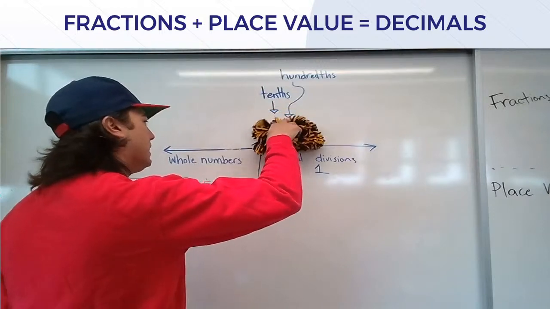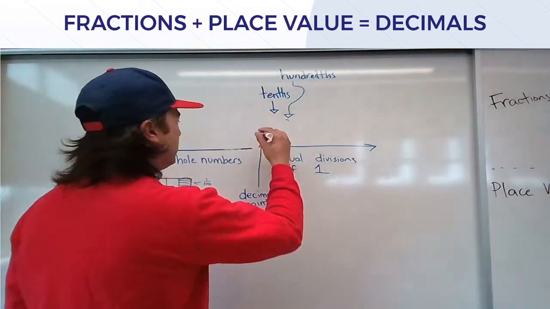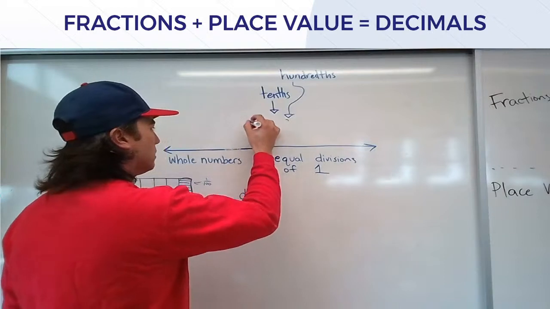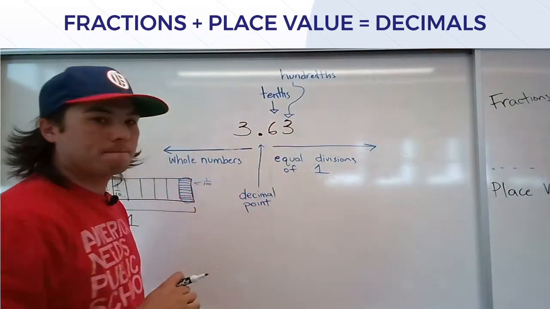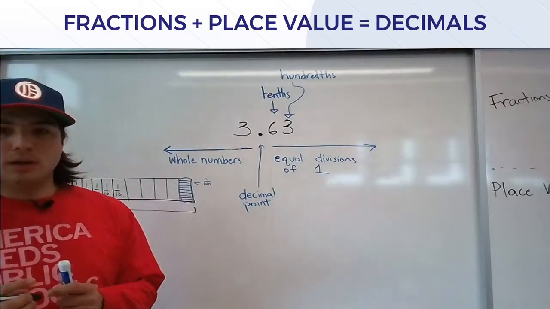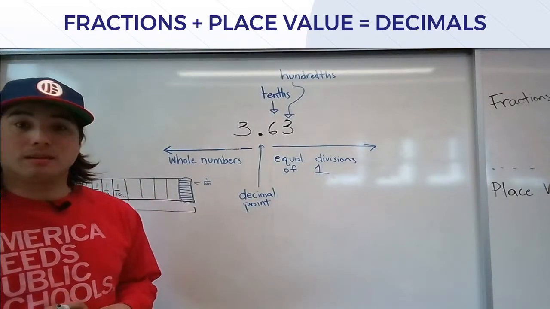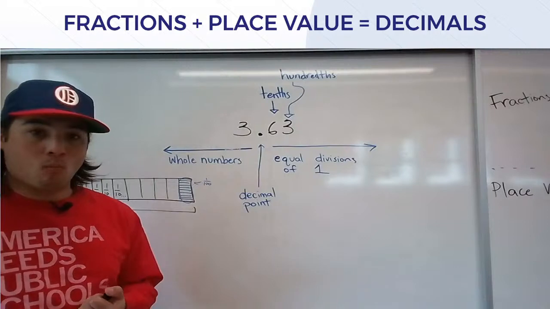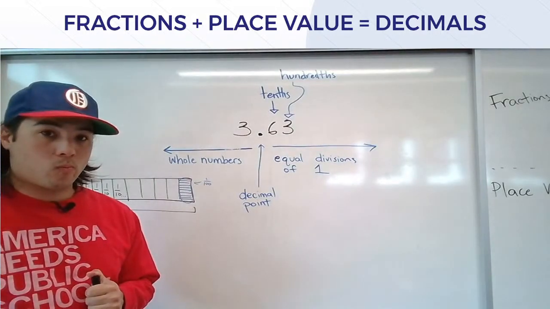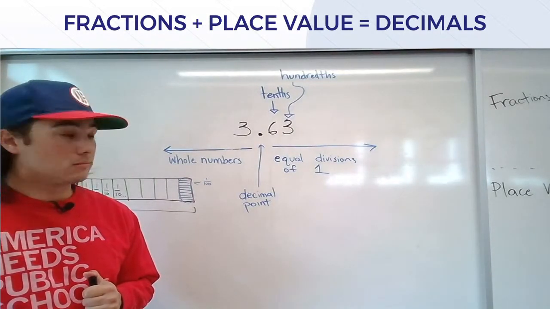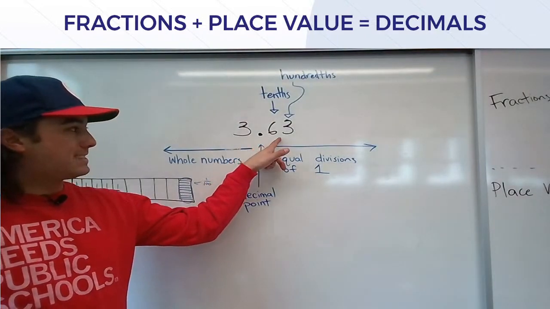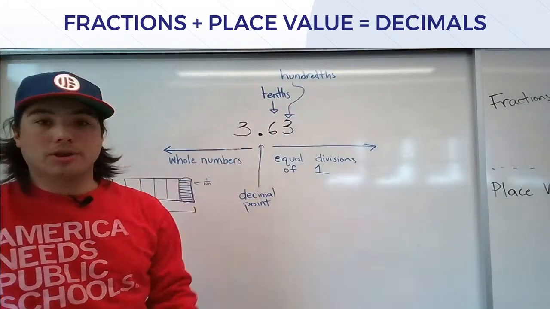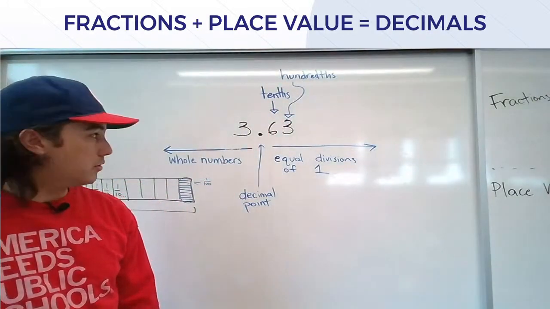If we had, let's say we had this number. Let me put my decimal point back. Okay, what would you name this number? Yeah, this would be 3 and 63 hundredths, because we've got some hundredths in the hundredths place.